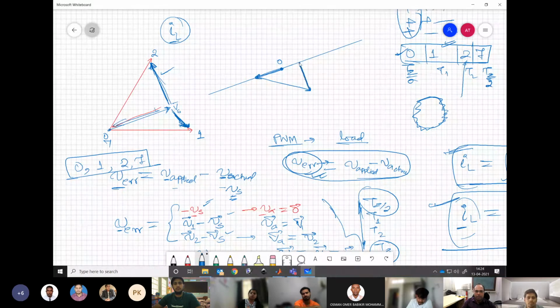So it will be extended something like this. And finally, Tz by 2, V7 applied, so it will come back to 0. This is how the trajectory of your current ripple would look like for 0, 1, 2, 7. Understanding my point?